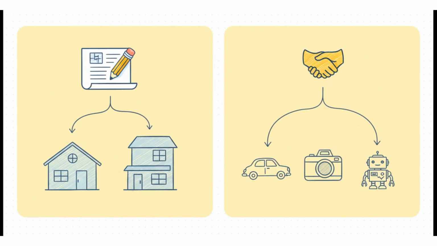Now on the right, with all the different gadgets, you use an interface when you have totally unrelated objects that just need to share a capability. A car, a camera, a robot, they have nothing in common, but they might all need to be, say, repairable. It's a contract, not a family tree. And that gives you incredible flexibility to just mix and match capabilities.